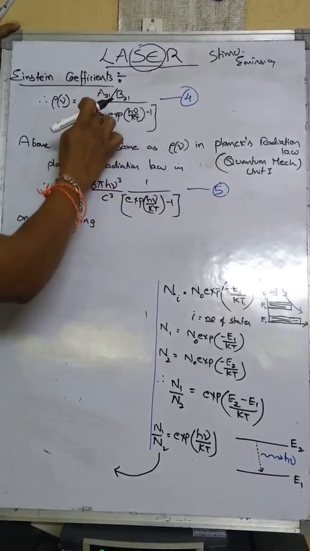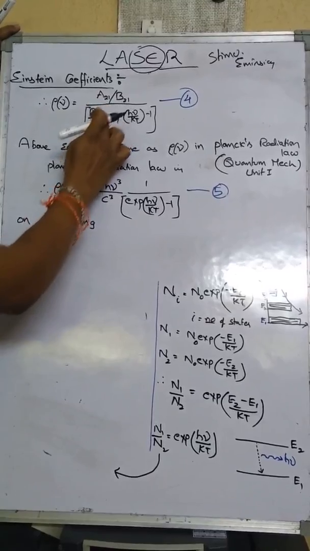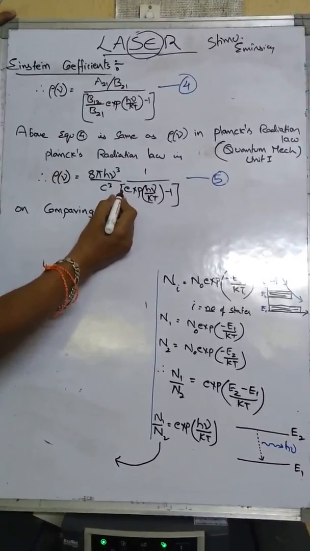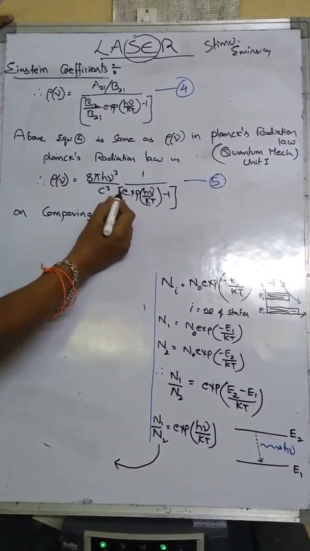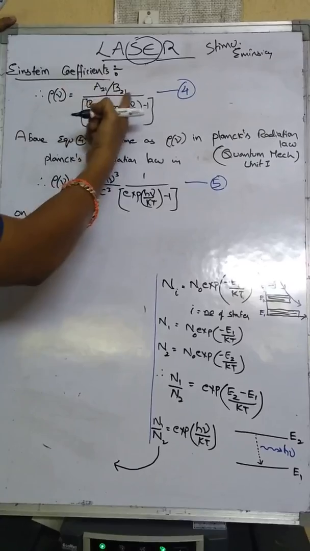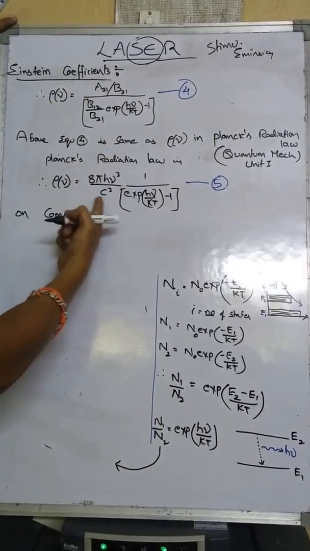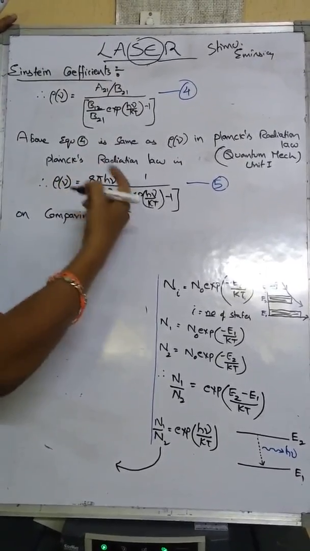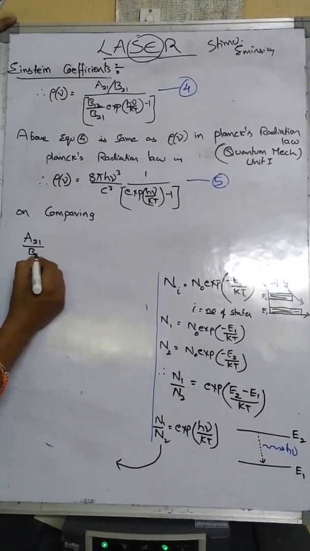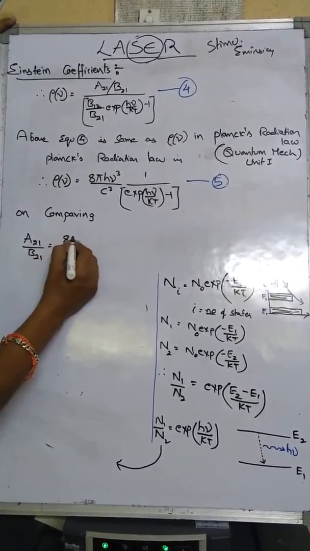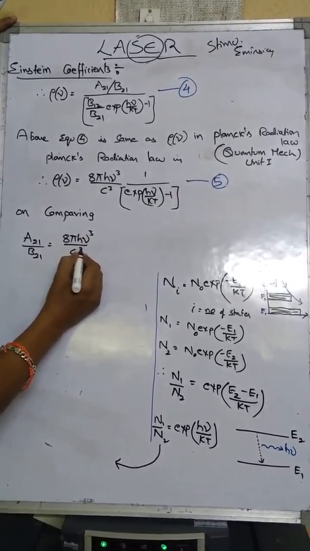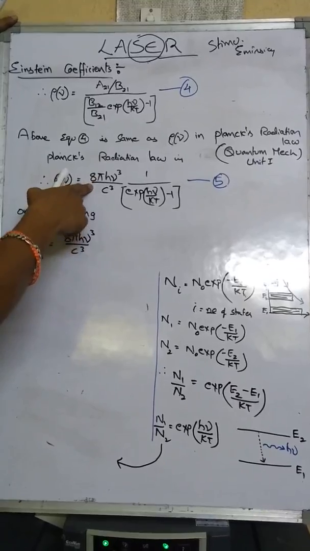Before the exponent term there is B12 by B21, but here before the exponent term there is nothing, which means here the value is 1. And A21 by B21 corresponds to the constant here. On comparing, A21 by B21 is equal to 8 pi h nu cube by c cube. This expression is in terms of frequencies.